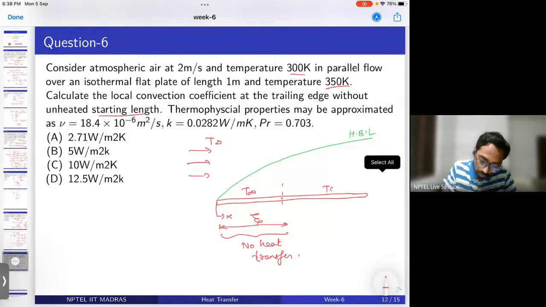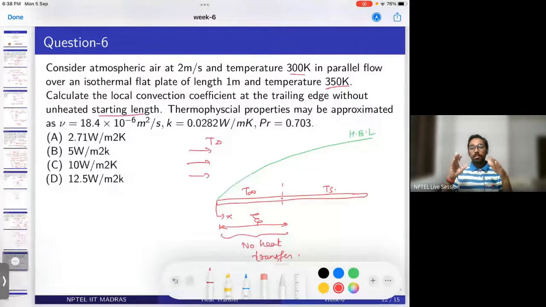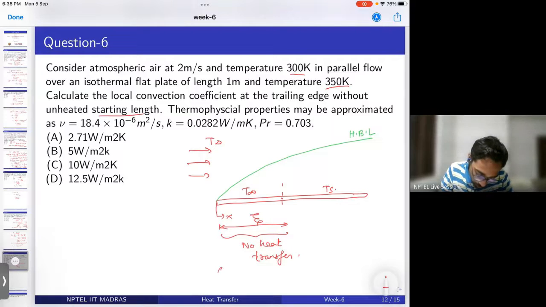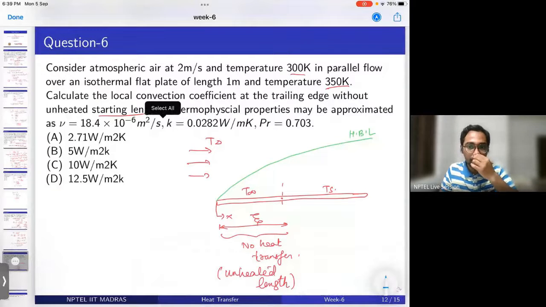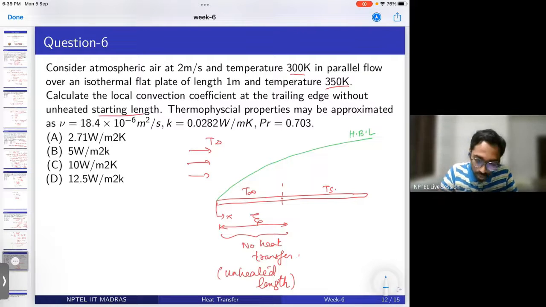So after the unheated starting length, we change the temperature of the plate by some other means, by giving a heat flux or isothermal conditions.